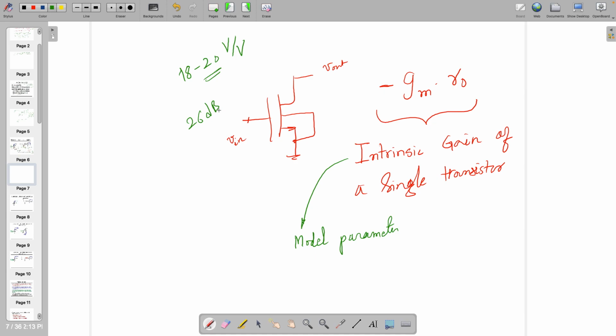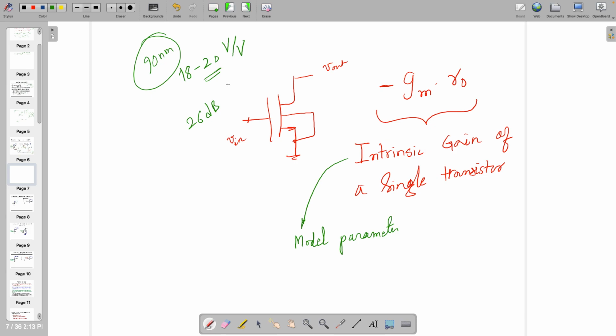So around 26 dB you can achieve. This is tentative, depending on the technology node, and I am talking about around 90 nanometer or so. This is true above that. As you go lower, maybe 3 nanometer, the gain might be only 5 or 6. In 180 nanometer, the gain might be much higher, so you can achieve more gain very easily.